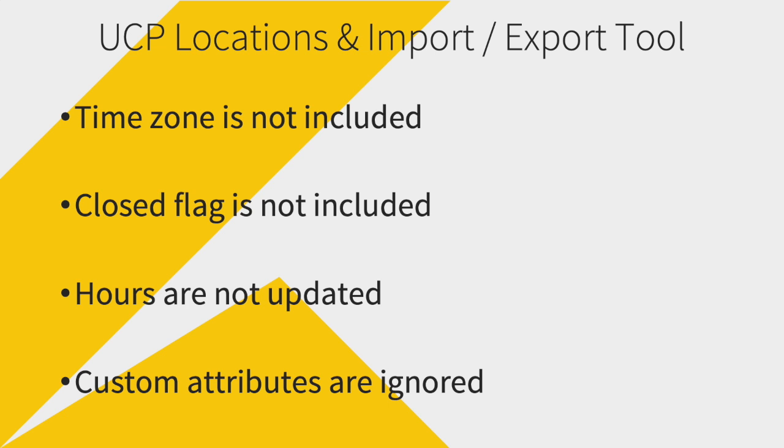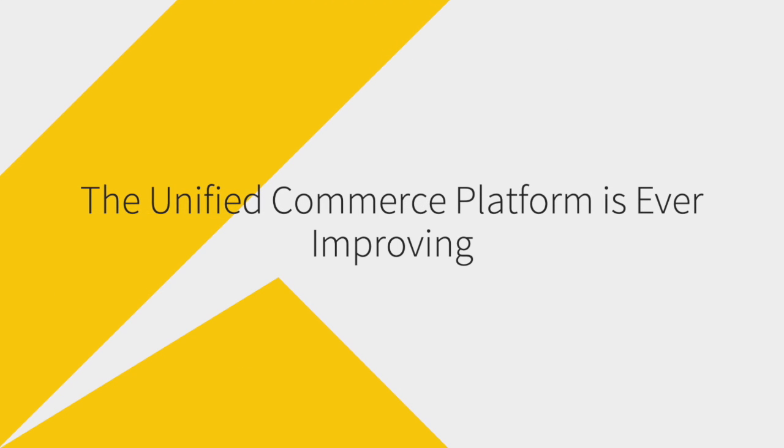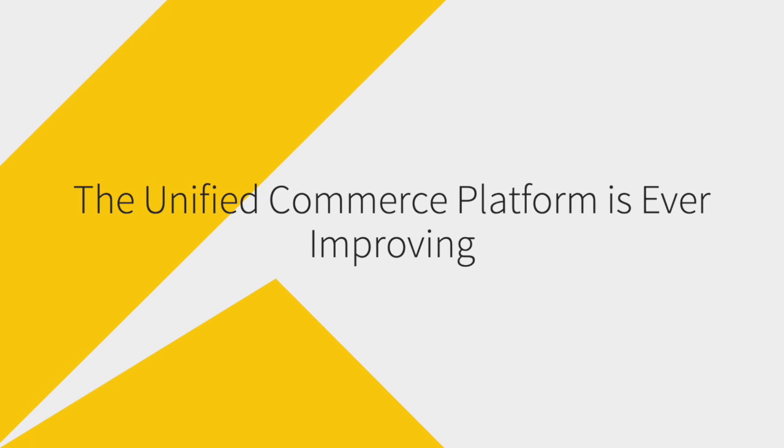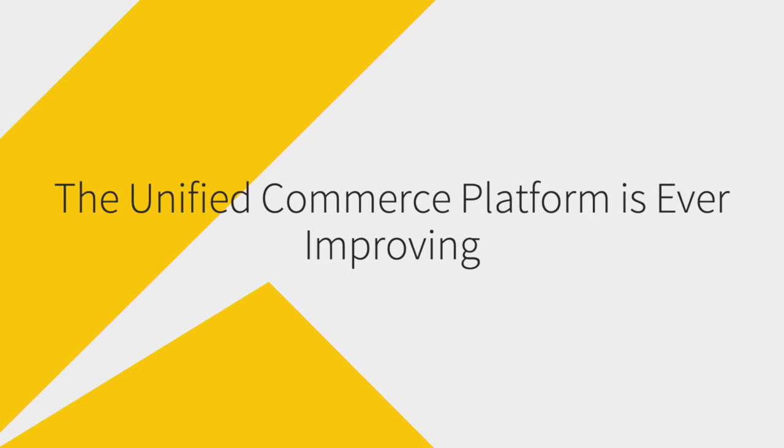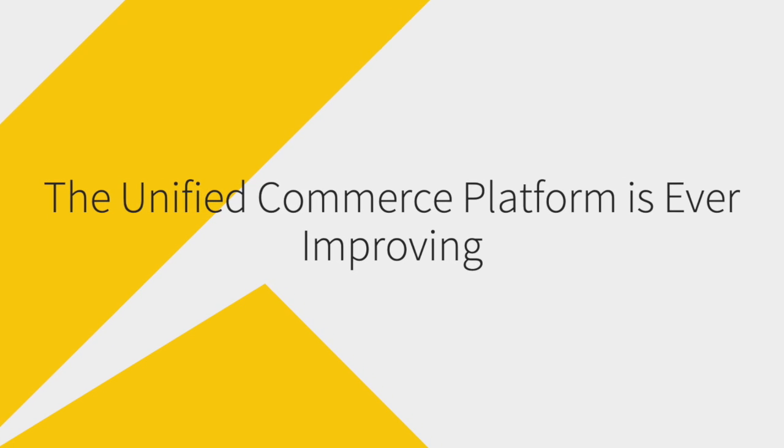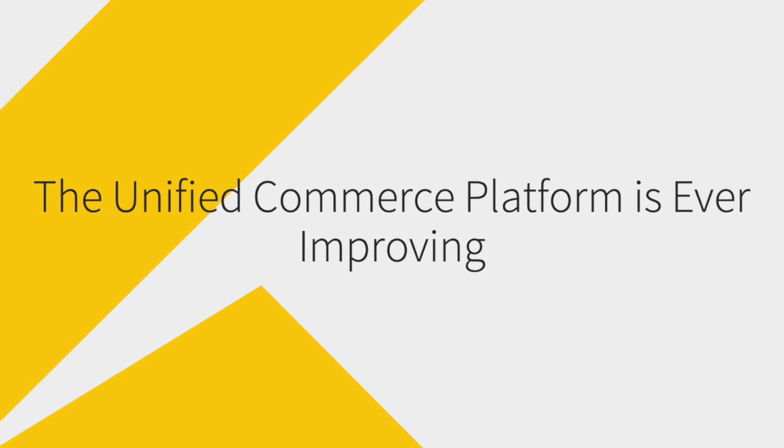So anyone who's tried to bulk update locations knows that time zone is not included, the closed flag is not included, hours are not updated, and even in the Classic platform, custom attributes are ignored. The platform is ever improving, but while we wait for these fields to be added to the import-export tool, we have put together this Postman Runner tutorial that will allow admin users to update all of their locations from a spreadsheet.